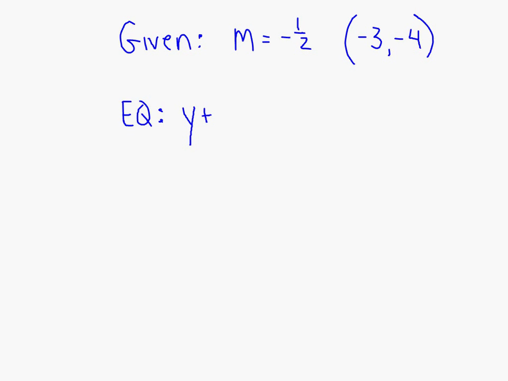So we go plus 4 equals the slope, negative 1/2, times the letter x and the opposite of the x value given, positive 3. That's it. You're done. It's in point-slope form. If you're asked to write it in point-slope form, it's in point-slope form. Any questions there?